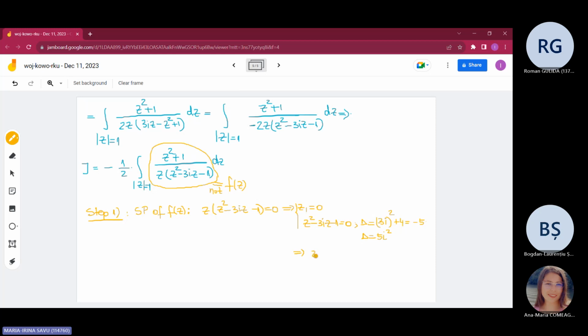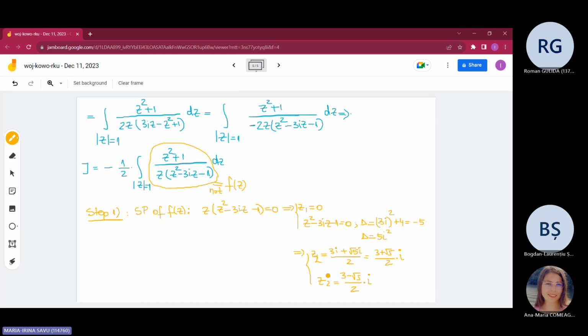And you have that z1 is minus minus 3i, which is 3i, plus square root of 5 times i over 2, because a is 1. So this is 3 plus square root of 5 over 2 times i. And z2 is 3 minus square root of 5 over 2 times i.